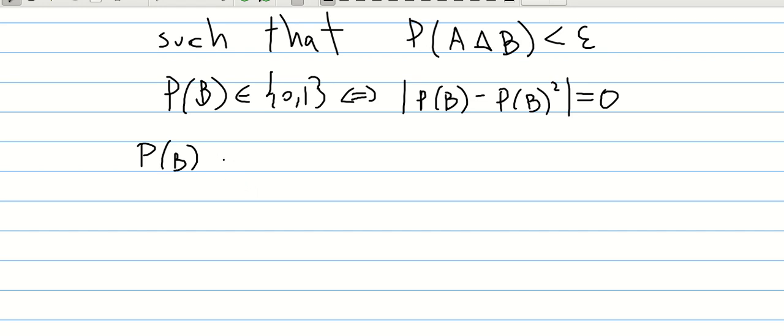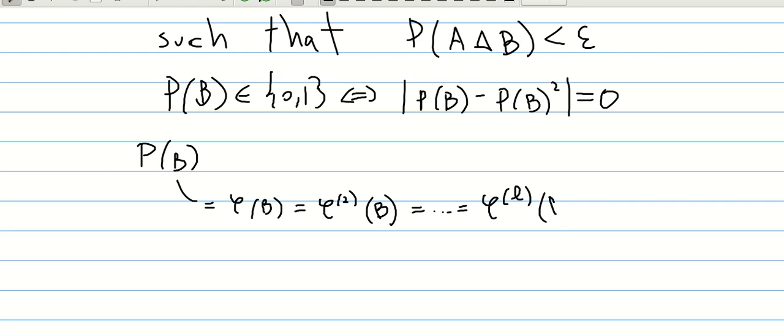So B is in fact equal to phi of B, which is actually again equal to phi 2 of B. Can iterate this as many times as we want. For every L, B is actually phi L of B. So this is part of being invariant.